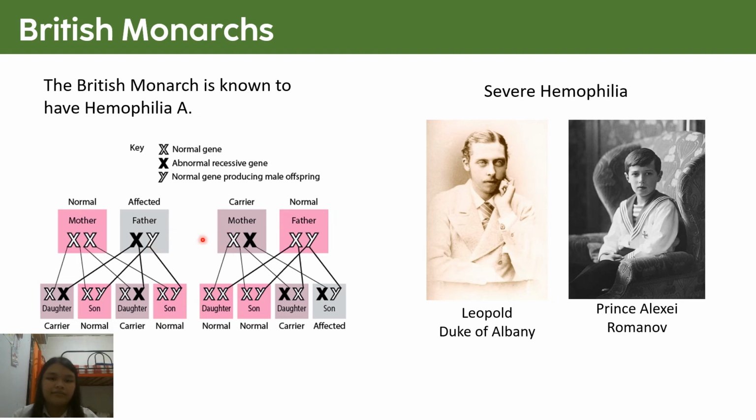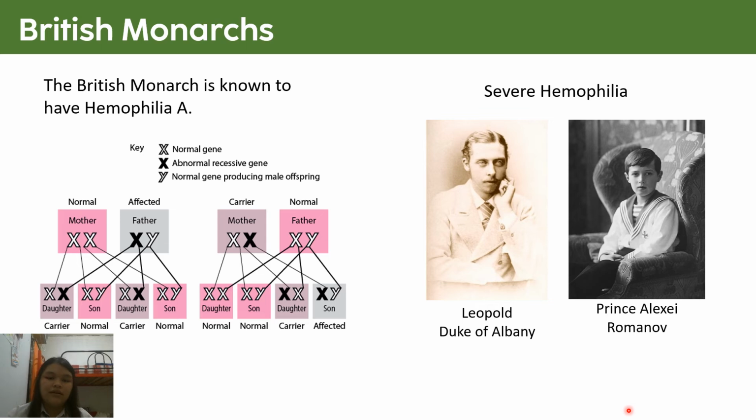So the hemophilia in men can be more severe than in women, while in order to have hemophilia A, which we don't want, a woman has to have two mutated X chromosomes, like that.